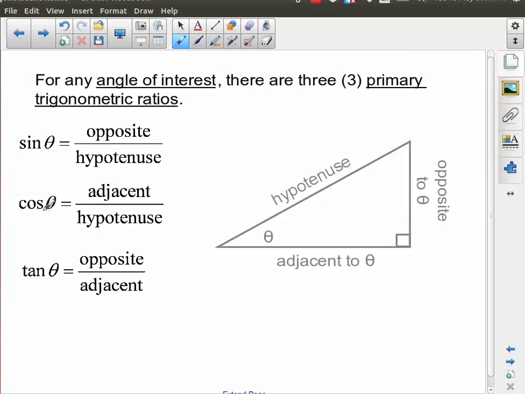There's another ratio called the cosine ratio, and for this angle of interest, it's going to be the length of the adjacent side divided by the length of the hypotenuse. And then finally we have what's known as the tangent ratio, which is the opposite side divided by the adjacent side. So those are my 3 primary trigonometric ratios.